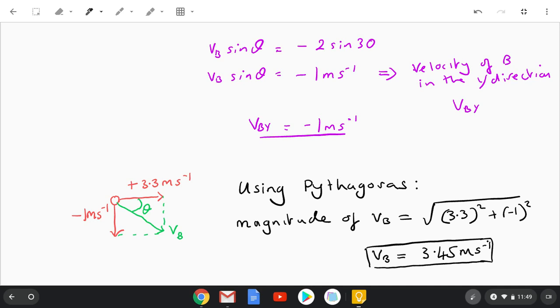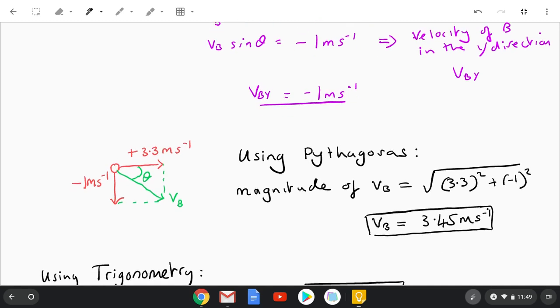Now we can use Pythagoras to find the magnitude. So the value of the velocity of B is 3.3 squared plus minus 1 all squared, square rooted, and we get a speed of 3.45 meters per second.